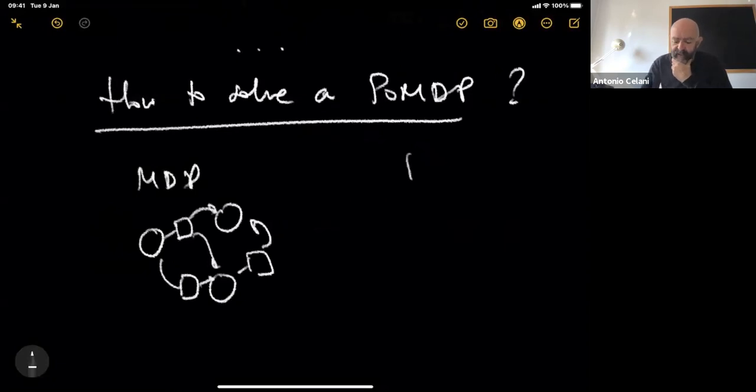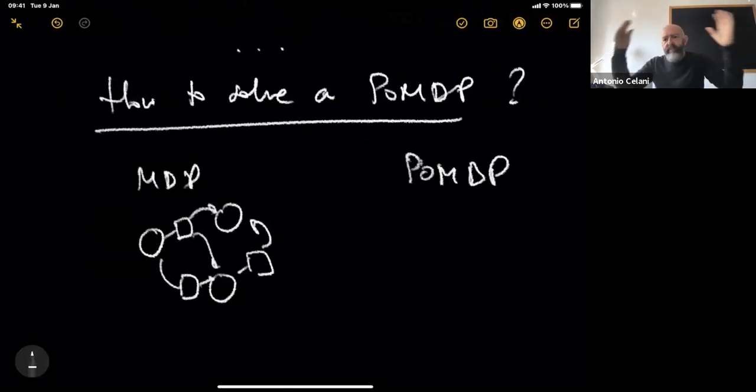Now, a POMDP lives in a new space, which is the space of beliefs. The space of beliefs is a complicated object. We've been discussing this when we were talking about policy gradients. It's a combination of simplexes. So it's a very complicated high-dimensional object which contains probability distributions.